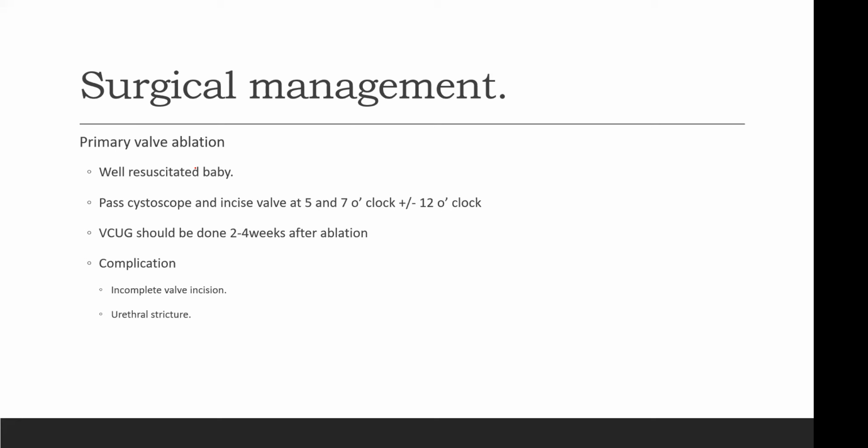But the main way of seeing if you have done it enough is an MCUG. Some people say it can vary; you can do it any time between 2 to 4 weeks after ablation to see if there was a complete excision of the valves.